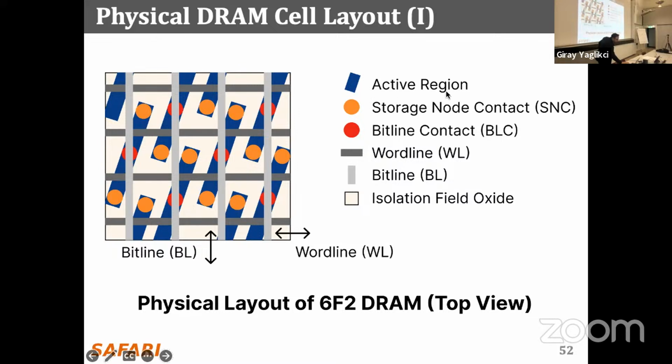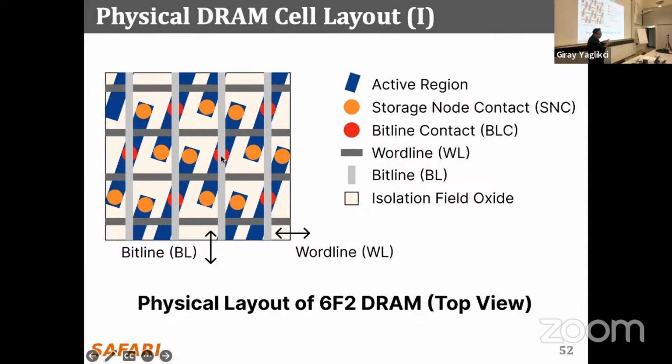We have this thing called the active region, this blue part here. On the blue part, on both sides, we have two storage nodes. These storage nodes are essentially your capacitors. This is a top-down view, right? We look at the chip from the top, and we see two capacitors here, and there is a bit line contact, drawn in red here, that overlaps with the bit line.